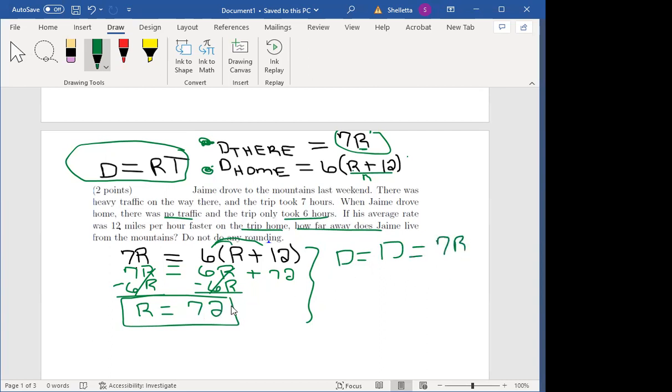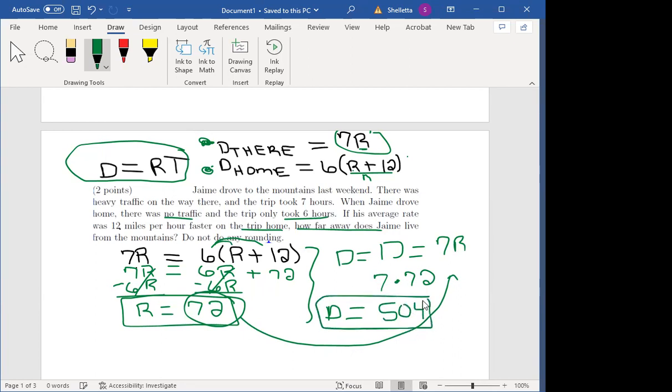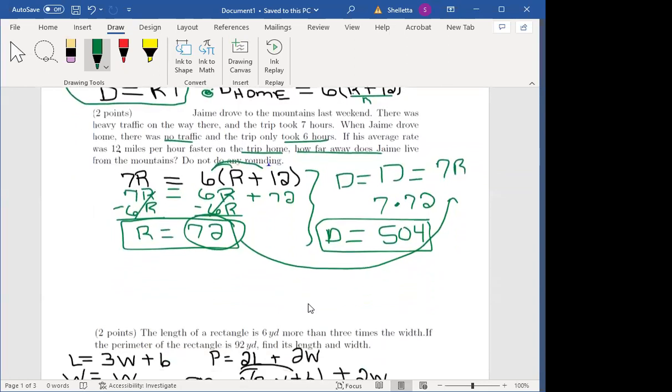And now that we know the rate is 72, we'll just substitute that 72 here and multiply 7 times 72 to get our distance. So the distance of that trip that we took is 504. All right, so that's the answer to the word problem.